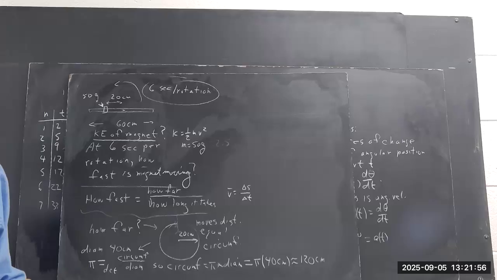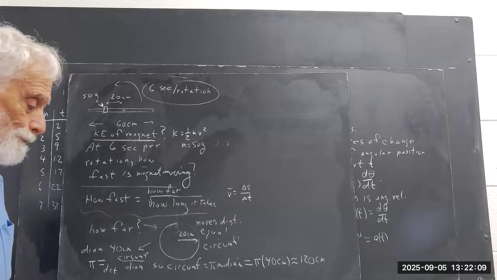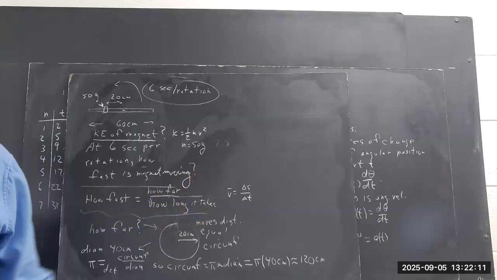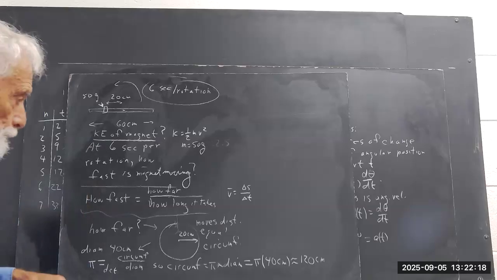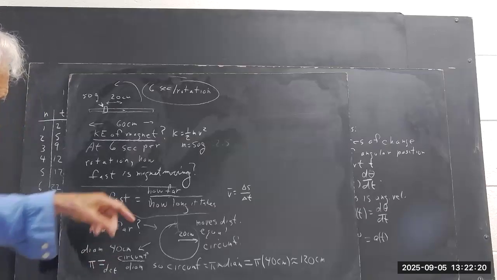Magnets at 30 centimeters, you get about 1/2 g. Well, I don't think they fly off at 1/2 g. Now, I use something you don't know, that centripetal acceleration is v squared over r. If you know how to analyze an isosceles triangle, you can derive that. We'll see that later.